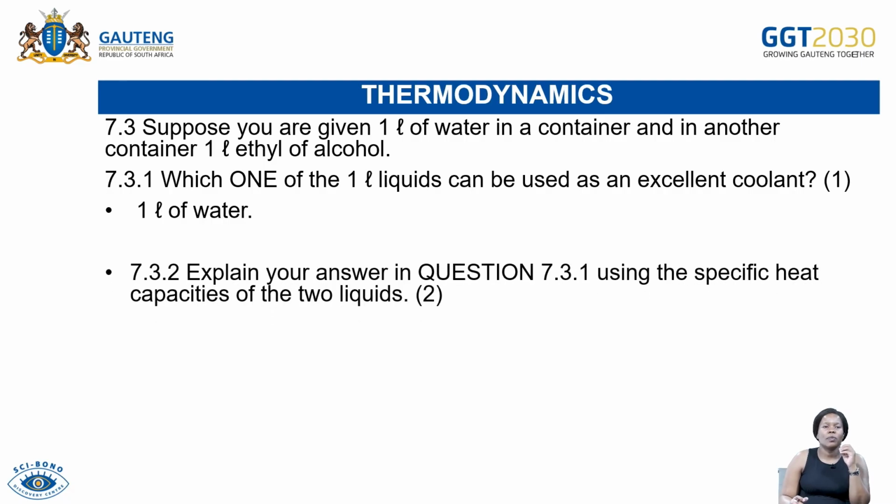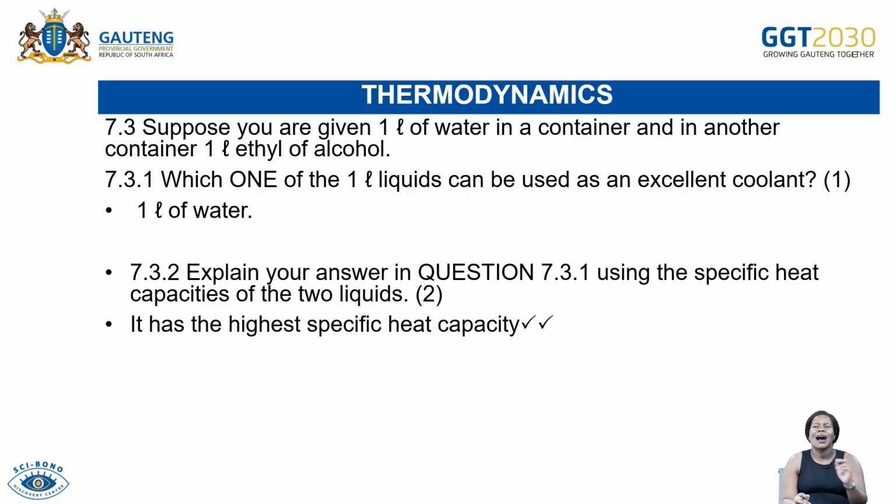And then 7.3.2, explain your answer. Why did we say that the water in 7.3.1 is an excellent coolant? Using the specific heat capacities of the 2 liquids, which one has a higher heat capacity as compared to the other?